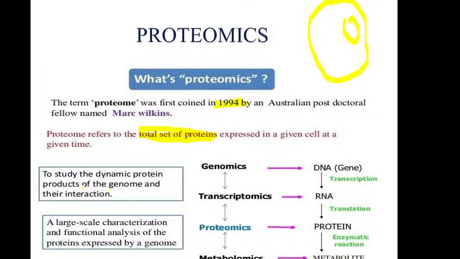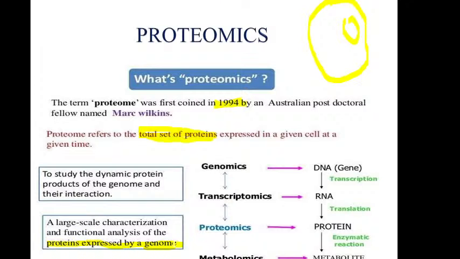So proteomics is to study the dynamic protein products of the genome and their interaction. In proteomics, we have to thoroughly study the proteins, the protein products, and even the interaction they have with each other. It is a large scale characterization and functional analysis of the proteins expressed by a genome.